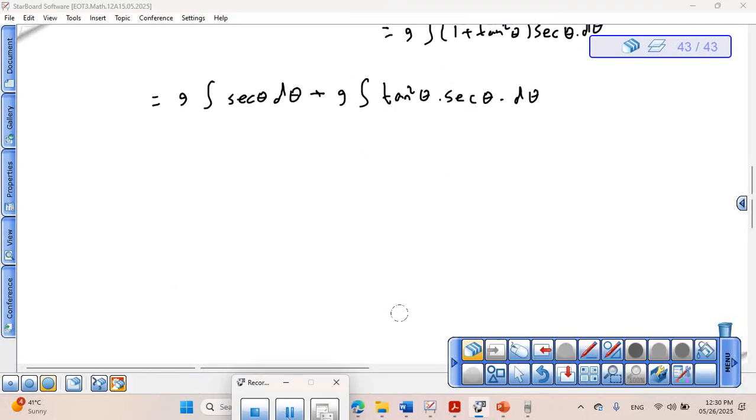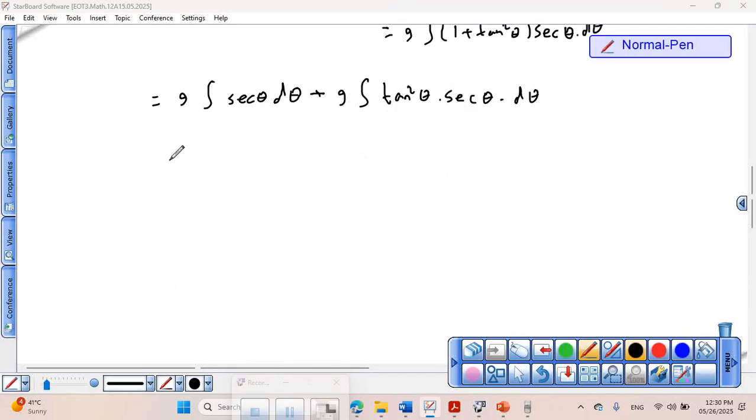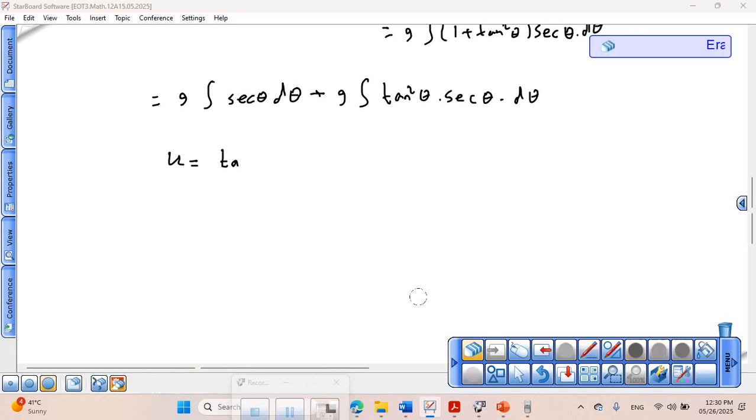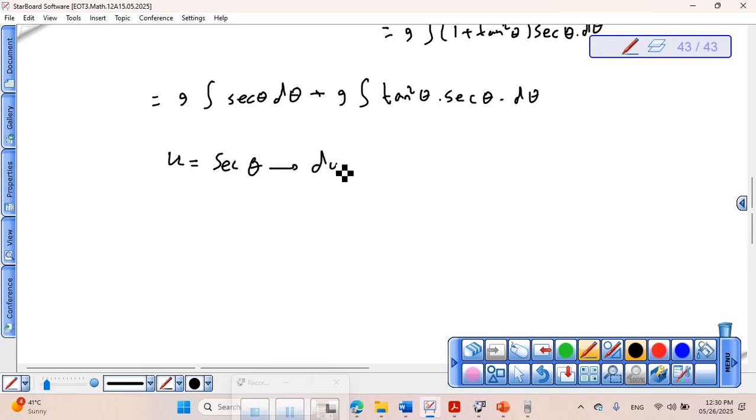Suppose here u equals sec theta, then du equals sec theta tan theta.